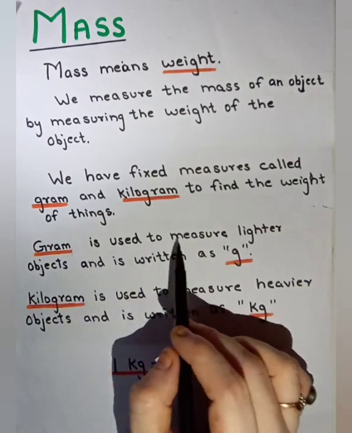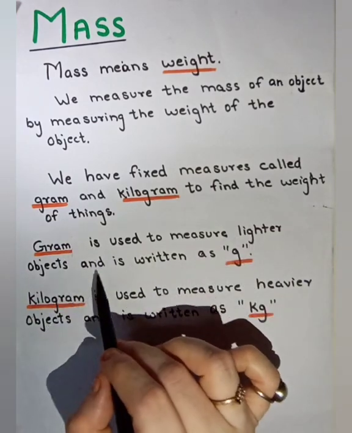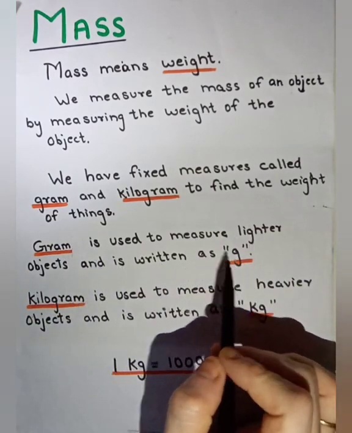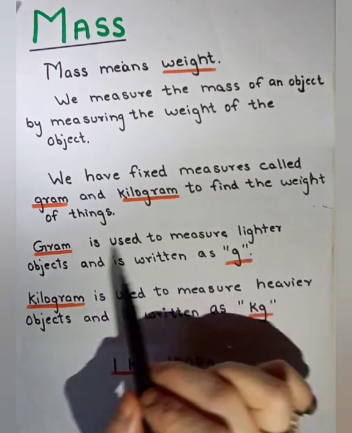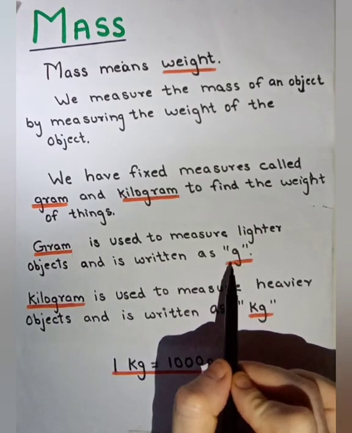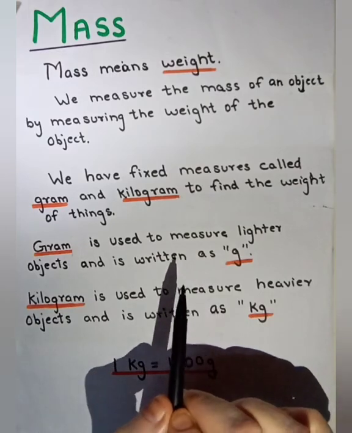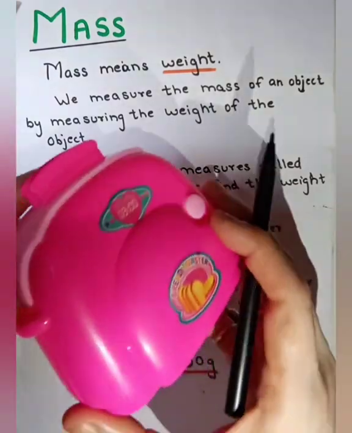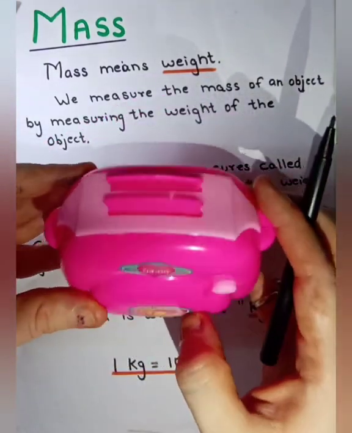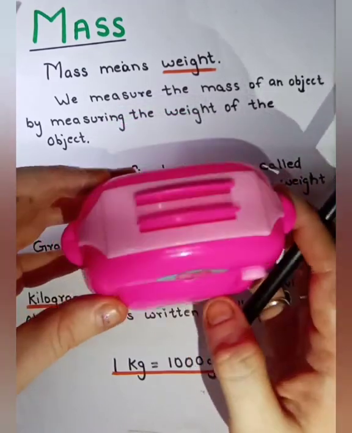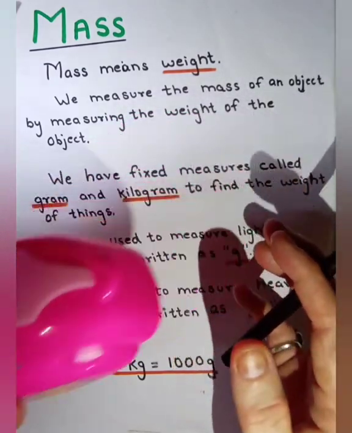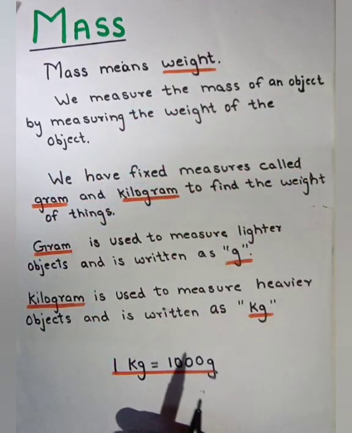Gram is used to measure lighter objects and is written as g. See, this toy is light in weight. So, it will be measured in grams. Okay? Next one.